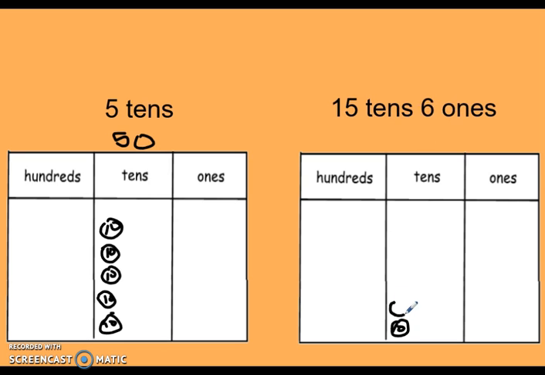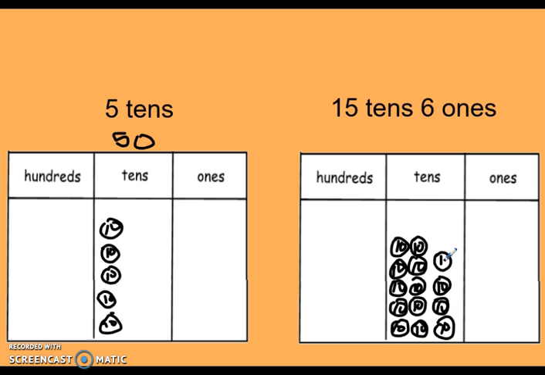So we have 1, 2, 3, 4, 5, 6, 7, 8, 9, 10, 11, 12, 13, 14, 15 tens, and then 6 ones: 1, 2, 3, 4, 5, 6.